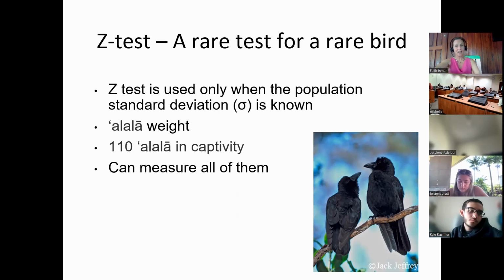So let's say you wanted to know the weight of all the alala, but you're not going to measure all the population. You only have enough time or money or bandwidth to measure 20 of them.